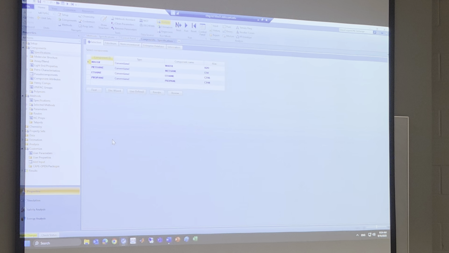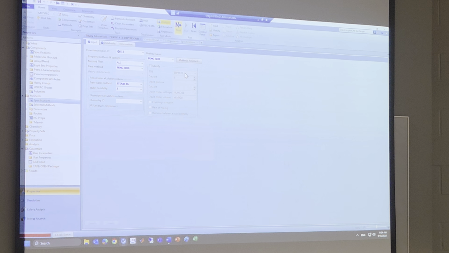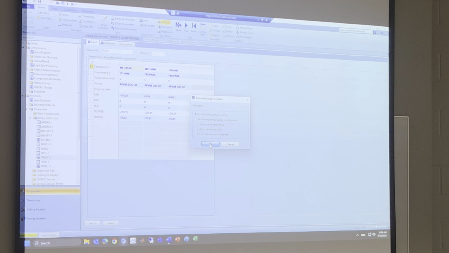Go back to properties. Go to method specification, flow sheet section. Write down the flow sheet section ID: S1, we use steam table; S2, we use Peng-Robinson. Different property methods for different simulations in one flow sheet.